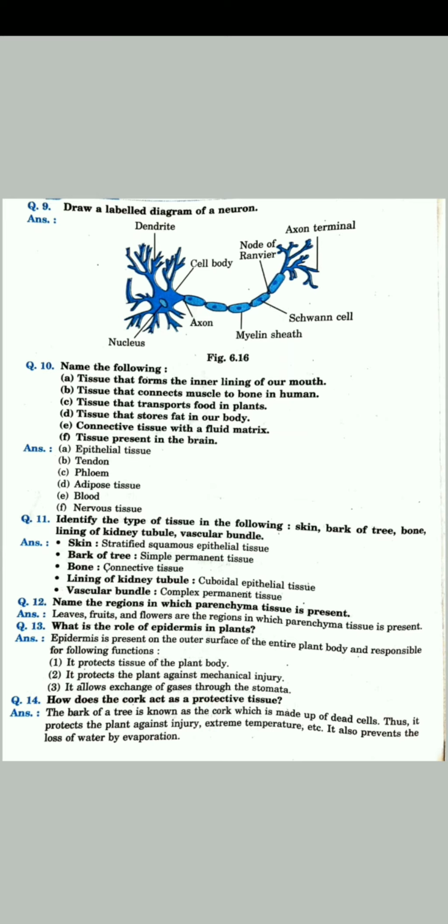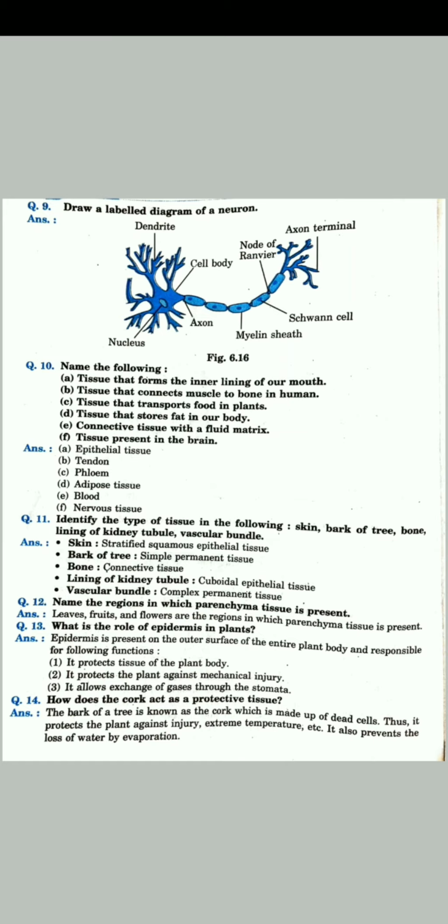They die and they convert into bark. That I told in the video also, and in notes also it is given. Then bone is connective tissue, and lining of kidney tubule has cuboidal epithelial tissue, and vascular bundle has complex permanent tissue.